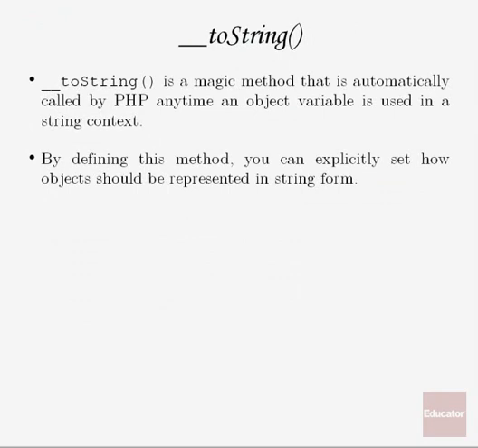Another magic method that all objects can create is called underscore toString. Basically, that is called anytime you reference an object in a string context. For example, let's say you create a new variable A and you set it equal to a new instance of an item object.